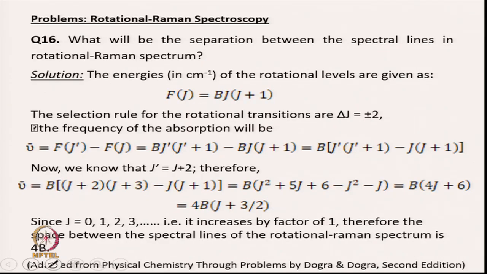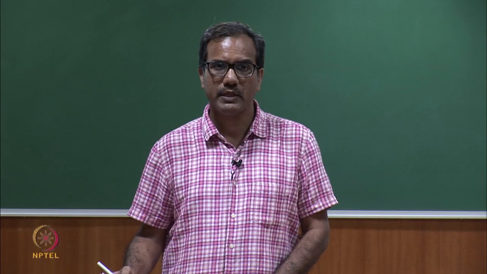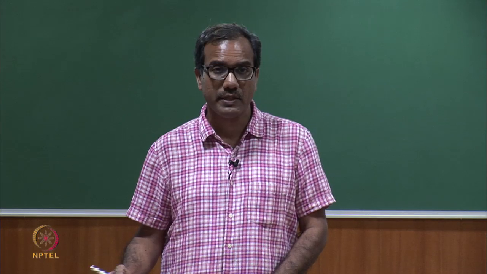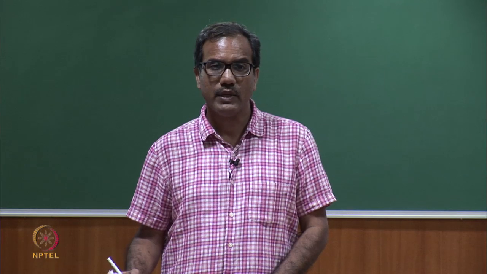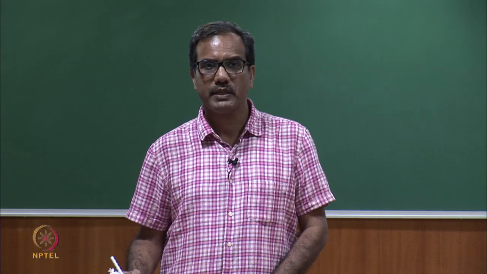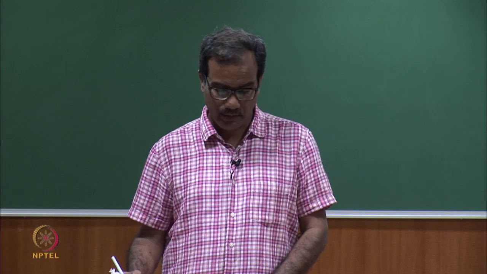Now, the next question is from rotational Raman spectroscopy. What is the separation between spectral lines in a rotational Raman spectrum? We know the separation between spectral lines in a rotational spectrum is equal to 2B. Now, we are going to see what the separation is in a rotational Raman spectrum.